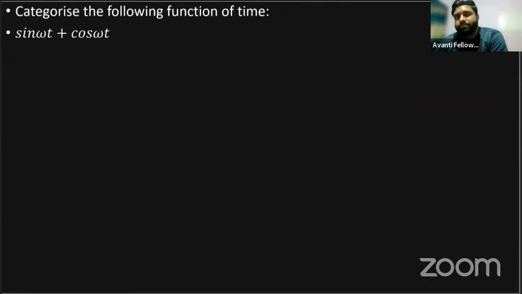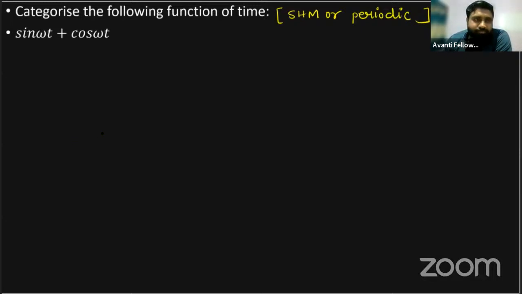Now, this is the first question on your screen. Categorize the following function of time, sine omega t plus cos omega t, in the category of SHM or periodic motion. You have to tell us whether it is periodic or not, or SHM or not. So let us consider y equals sine omega t plus cos omega t.